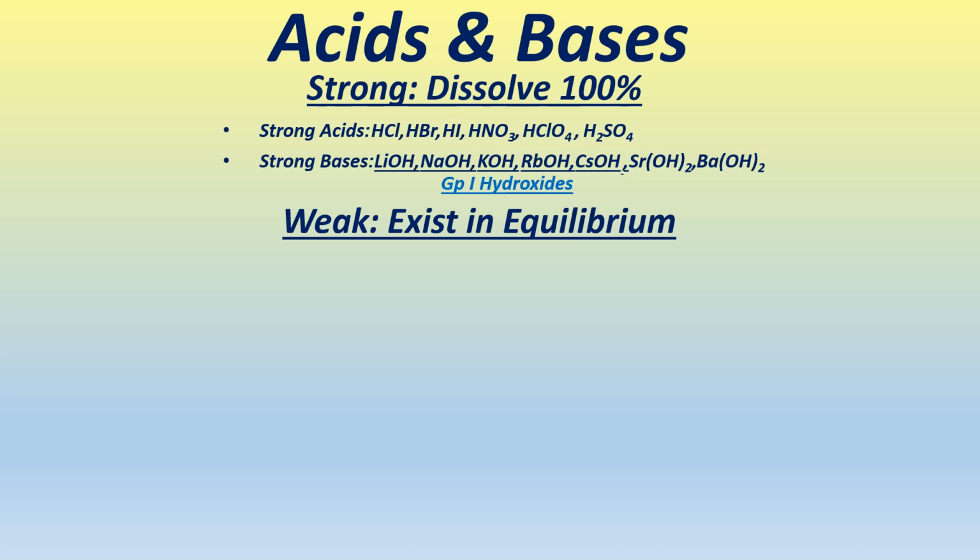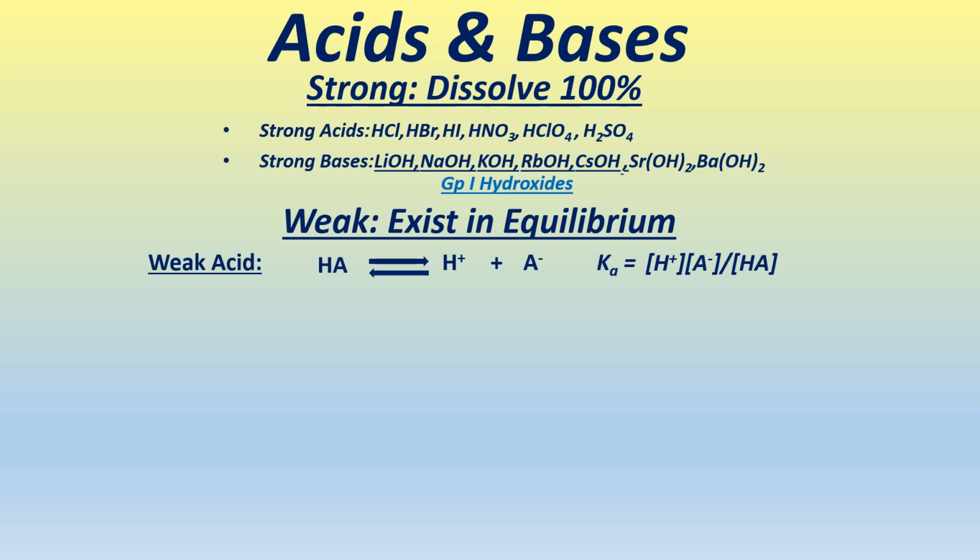A weak acid is any given species where HA is in equilibrium with H plus and A minus, and as an equilibrium reaction, it has an equilibrium constant, products over reactants, called the acid dissociation constant, which is conveniently given a subscript a for acid.